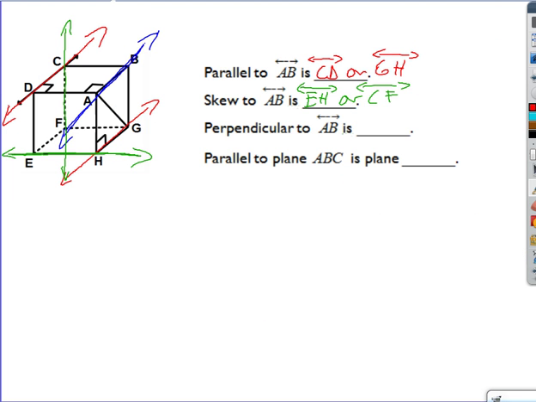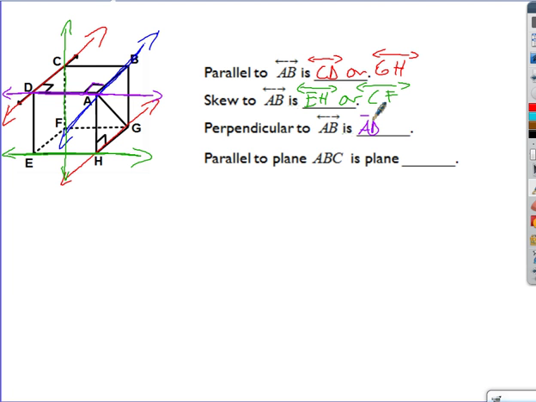Let's go back to our drawing and determine which lines are perpendicular to AB. Well, one line that is definitely perpendicular to AB is the line AD, going across here, and as you can see from this symbol, they intersect at a right angle.